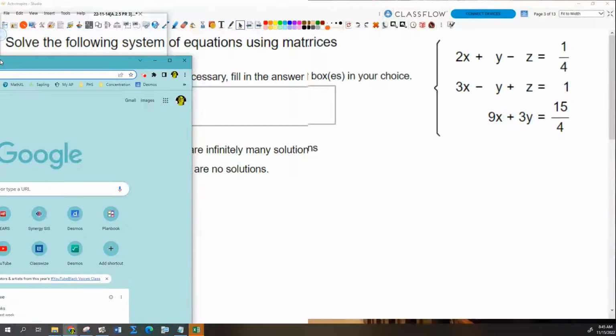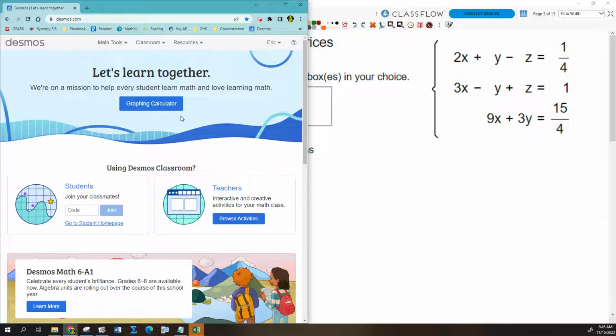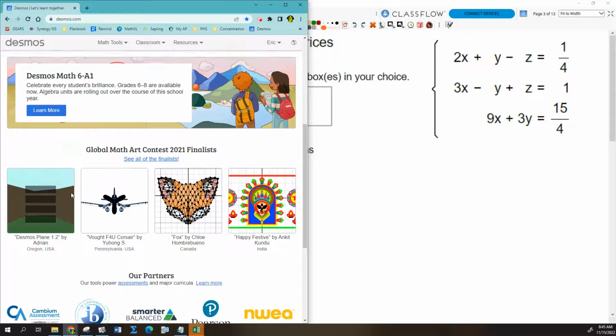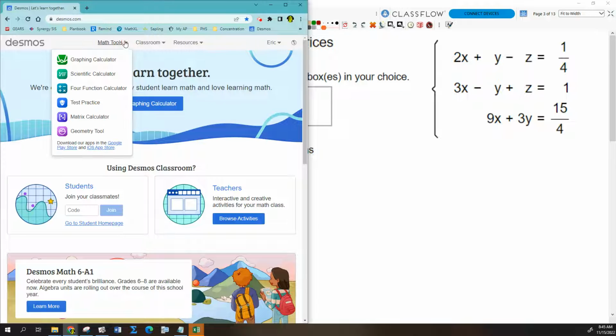What you should probably do is just bookmark desmos.com. I think I mentioned this to you. And this takes you to the Desmos launch page. And then up here at the top, you have your choice of math tools. So you can go graphing or scientific, which is mostly what you're going to use. But we're now going to add this matrix calculator also, right?